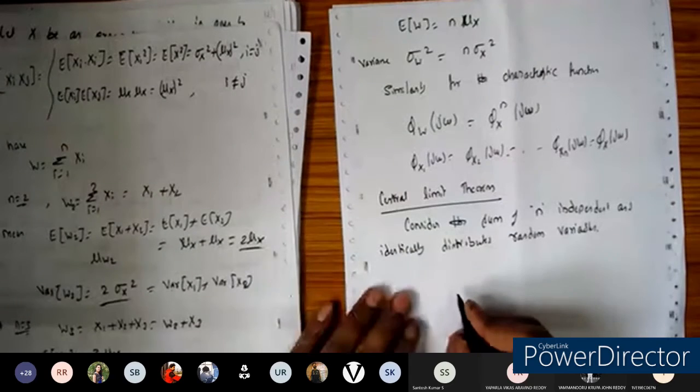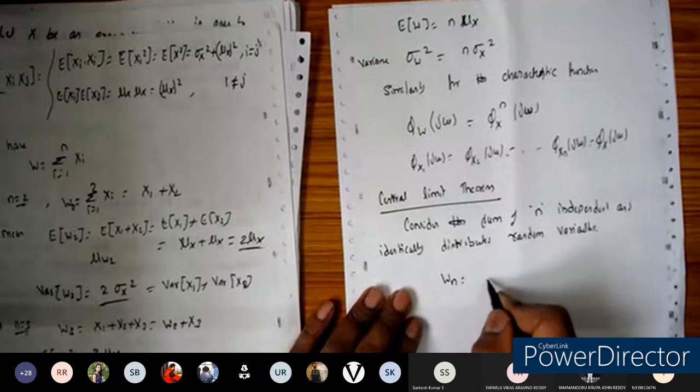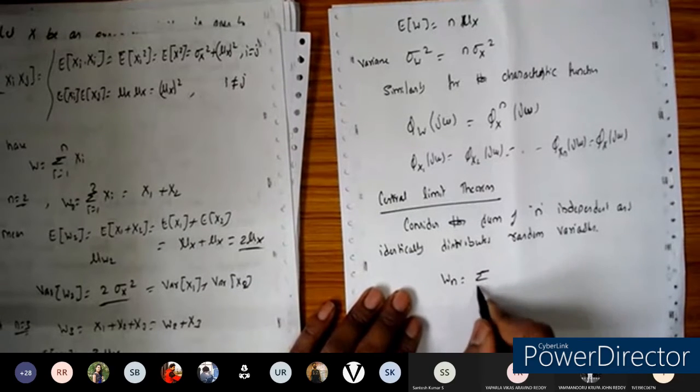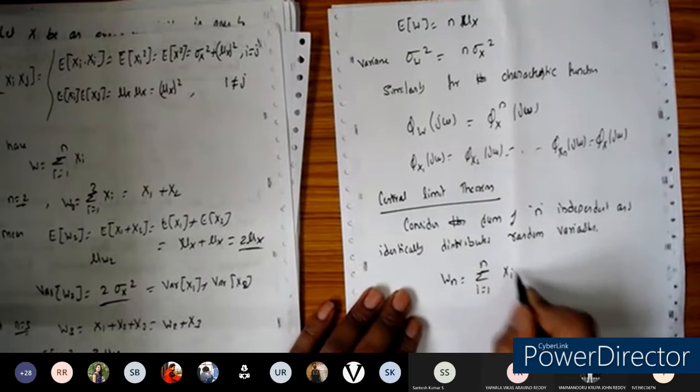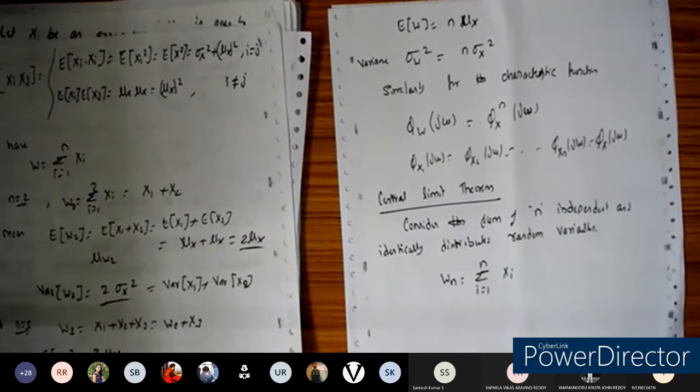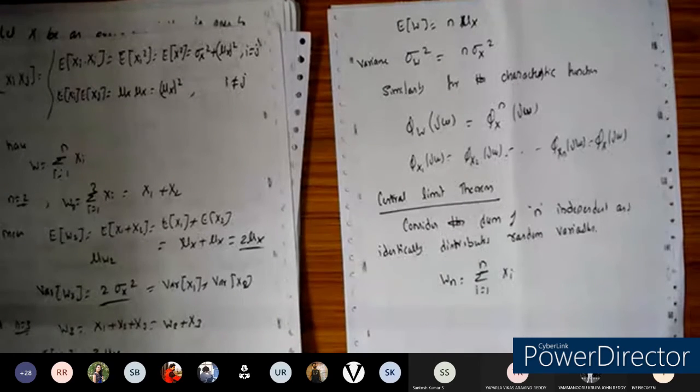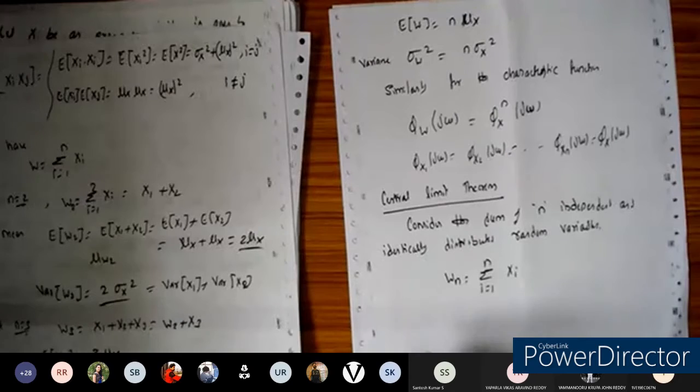Just as in the previous topic, Wn is the sum of the n independent random variables. So now we can take the central limit theorem.